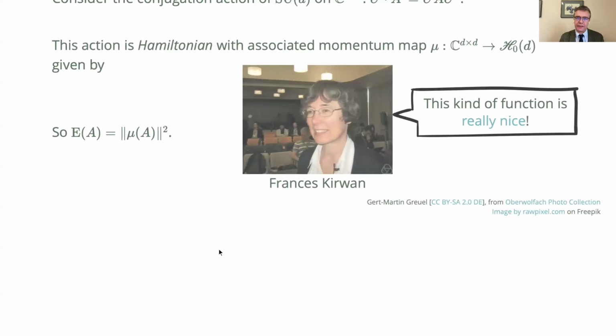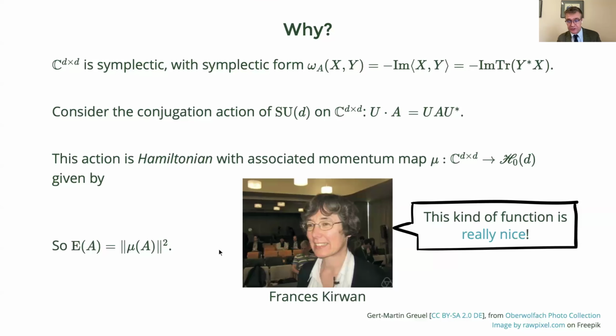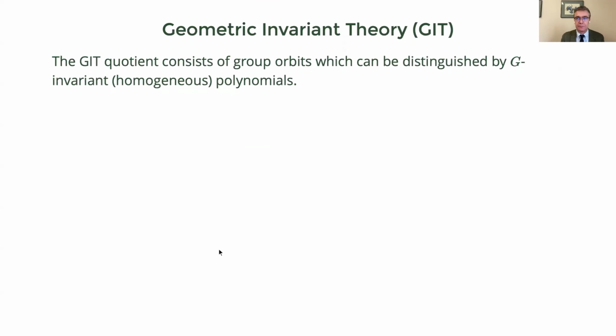And this is really coming from connections between symplectic geometry and algebraic geometry, and in particular, something called geometric invariant theory. And so the idea here is that this SUD action was really sort of the maximal compact subgroup of some SLD action, some linear, some algebraic group action.